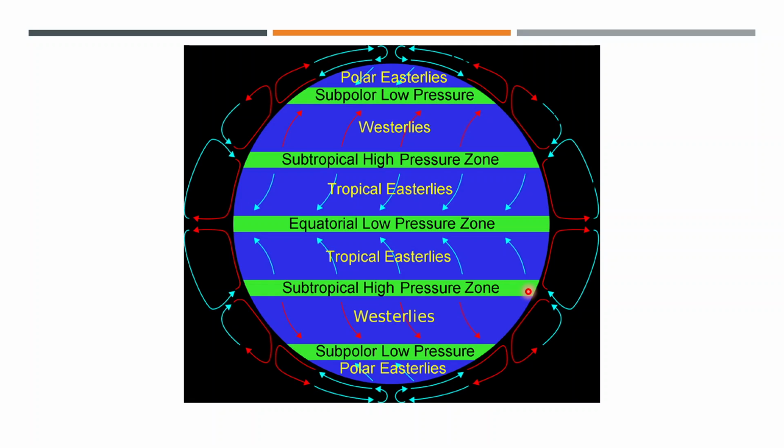Here it is a high pressure zone because all the warm air which has risen from the equatorial area has now become condensed and it begins to form a belt of high pressure at 30° north and 30° south.